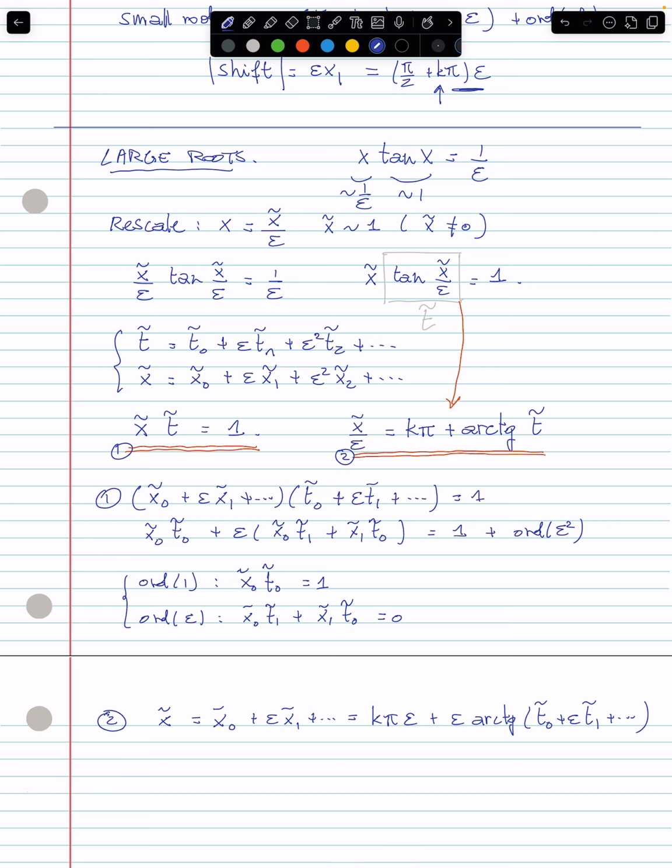In this case, even though this is an arc tangent, we don't have any singularity issue as we did before, right? Because remember, the arc tangent function is just the reciprocal of the tangent function, and is something that looks like this, pi over 2 and minus pi over 2.